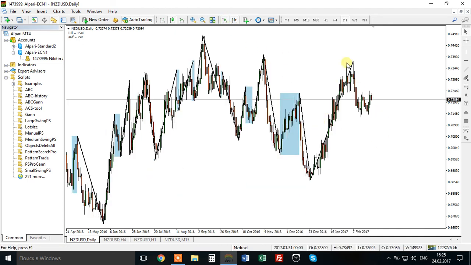What are the confirmations? Either we confirm a downtrend, so this previous downtrend is continued, or we confirm an uptrend, so this impulse turns into an uptrend. We have a correction and then we have a continuation. Right now we're moving in that indecision. Nobody knows where it should go.